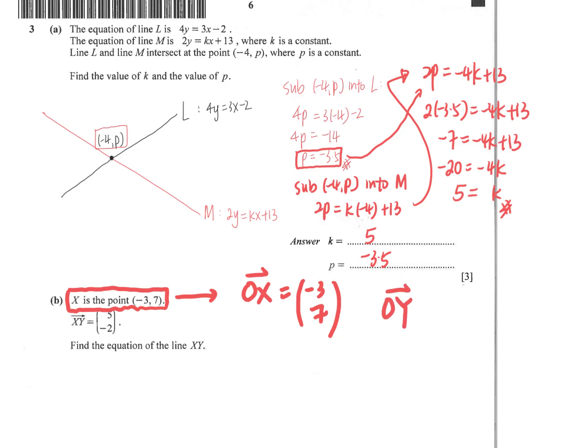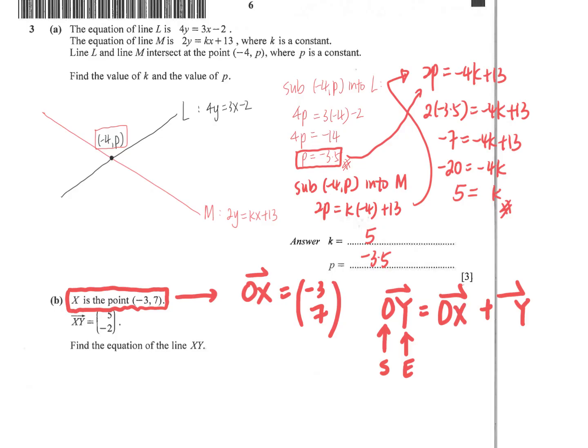This one will tell you the coordinate of Y. So how to find it? Remember, you start from O, you must end at Y. So you need to find the intermediate station from O to Y. What is that intermediate station?